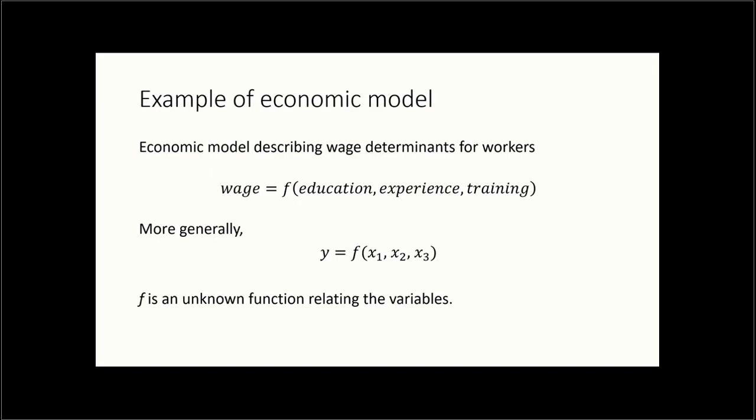So this means we have independent variables such as education, experience, and training that we're trying to use to explain how wage varies with them. And f, as of now, is this unknown function that relates these variables to the dependent variable wage.